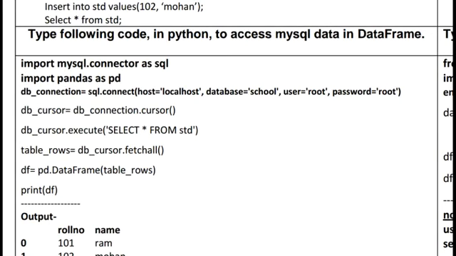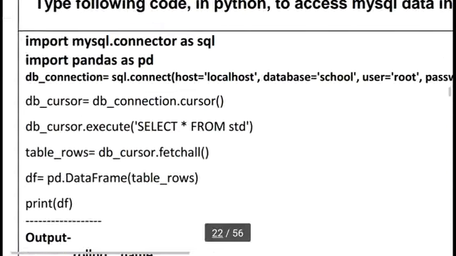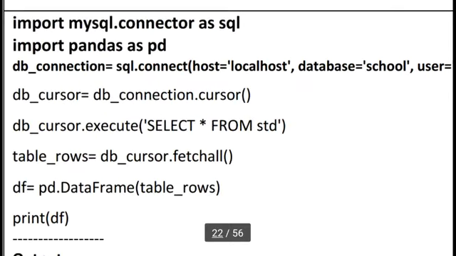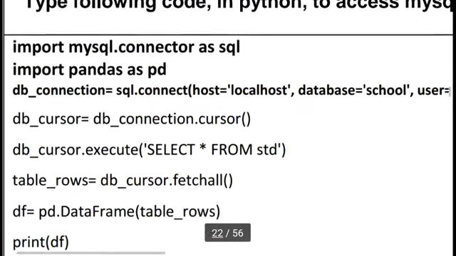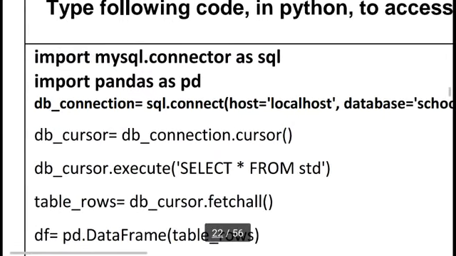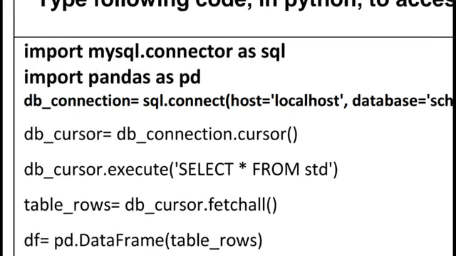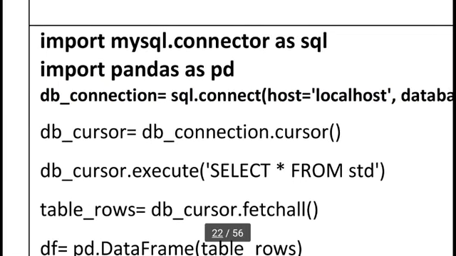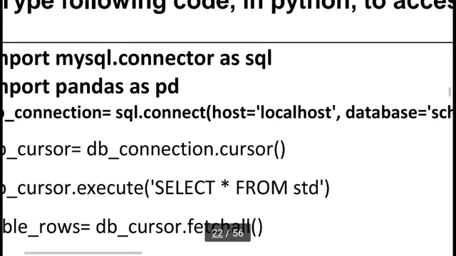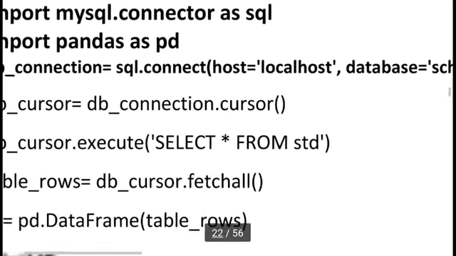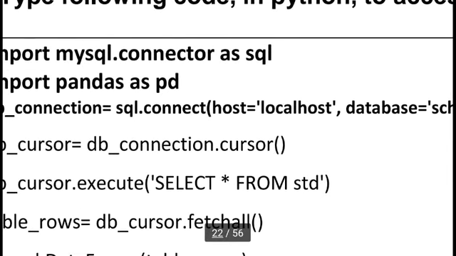Here the first command is import mysql.connector as sql, because this is our new module. We can also use import pandas as pd. Then we use a db connection variable. We can always write this command. This command is fixed. You always keep it in mind.